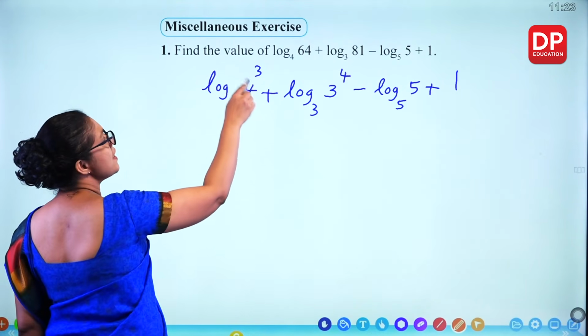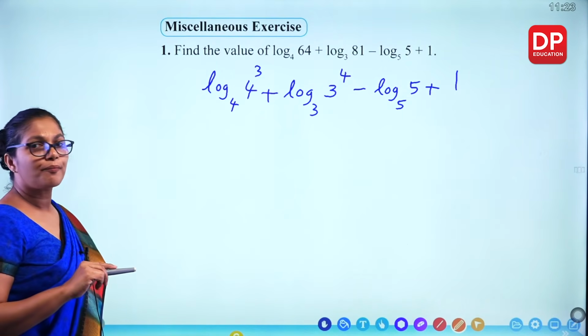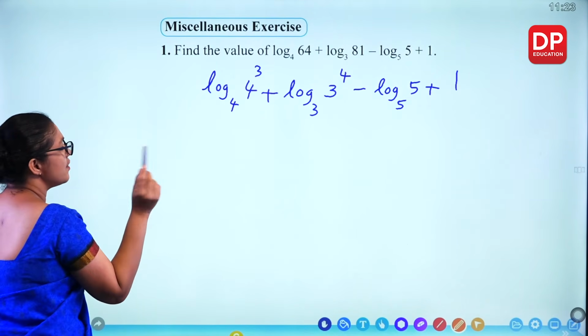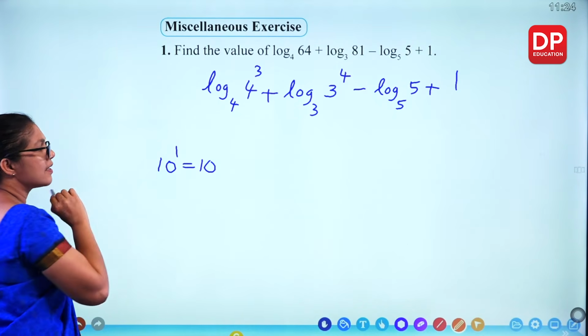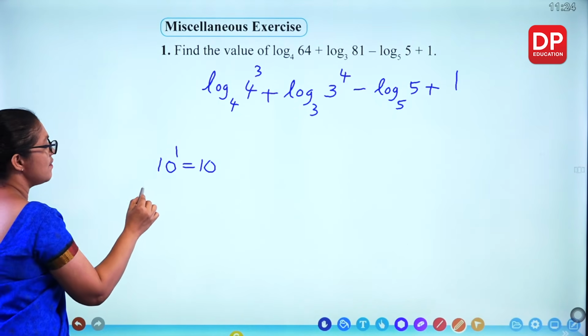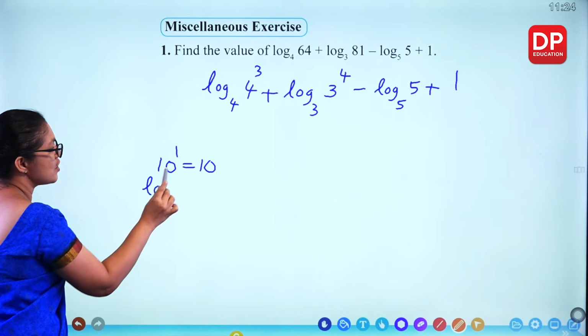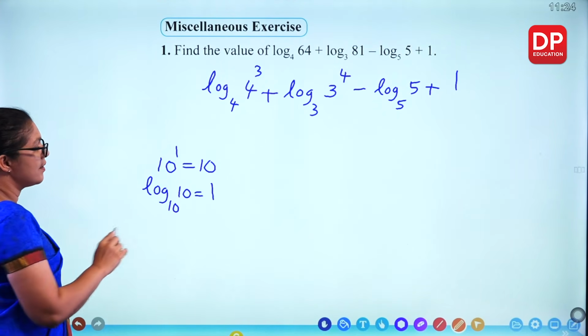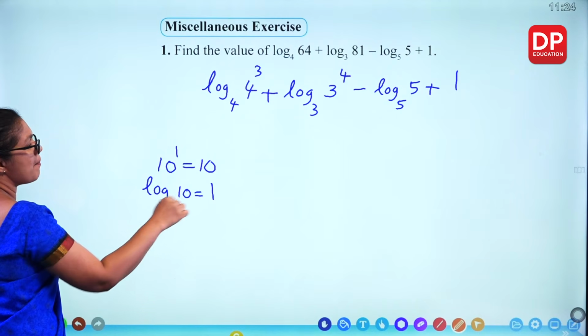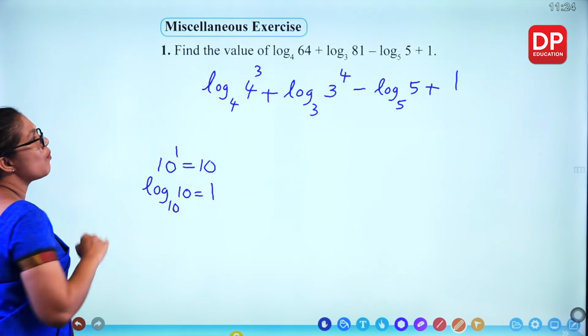Now what can we say about this one? Here, can you remember? 10 to the power 1 is 10. Then, if you write in log notation, log 10 base 10 is 1. Same base, same number, you are getting 1.